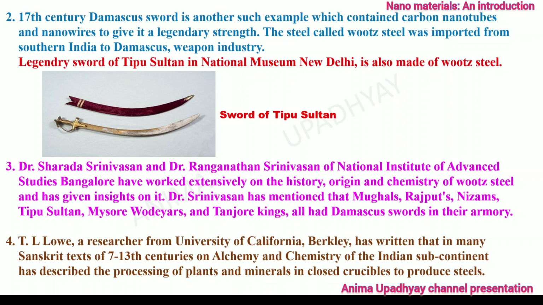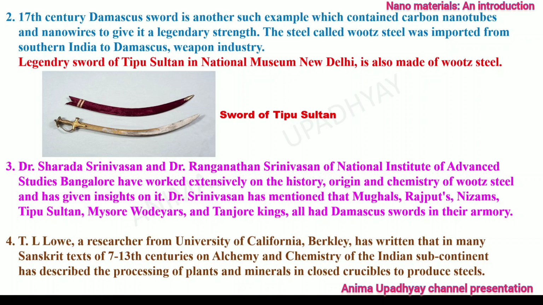The 17th century Damascus sword is another such example, which contained carbon nanotubes and nanowires to give it a legendary strength. It is believed that the Damascus sword had very high flexibility and the edge was very sharp.